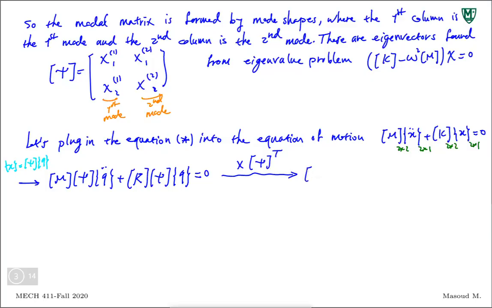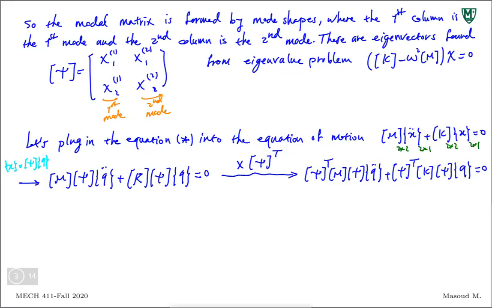If I do that, this becomes psi transpose M psi Q double dot plus psi transpose K, K is a matrix, psi is a matrix too, psi times Q is equal to 0.